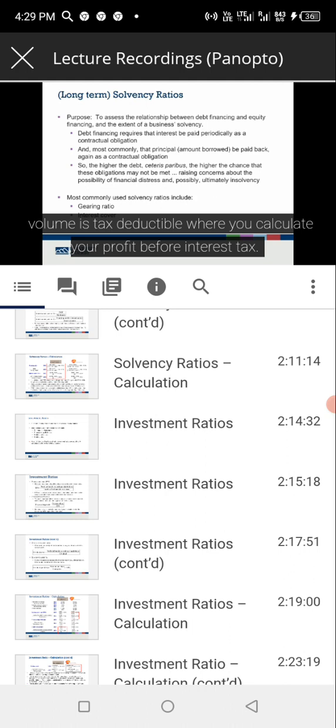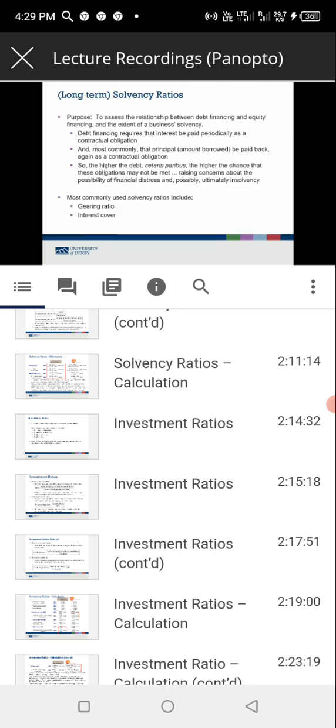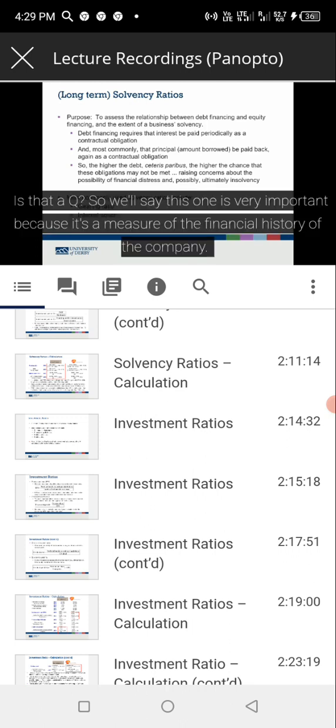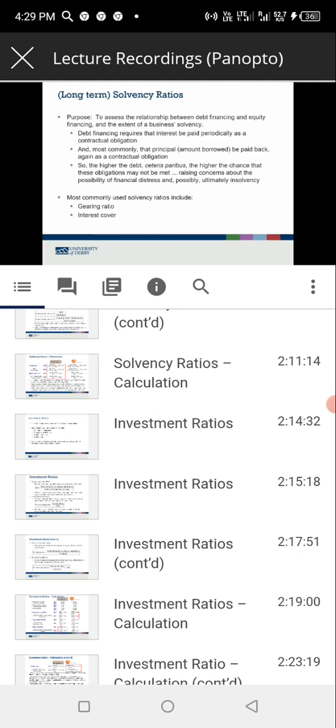When you calculate your profit before interest and tax, then you deduct interest on the loan. That will reduce your taxable profit and your tax liability, reduce the amount of tax you pay eventually, and at the end of the day increase the return on shareholders' funds, because whatever is left belongs to the shareholders. So this one is very important because it's a measure of the financial risk of the company. The higher the level of debt, the riskier the company becomes.